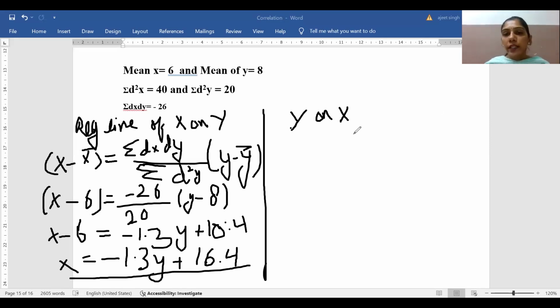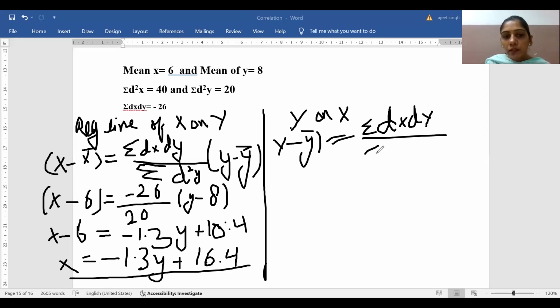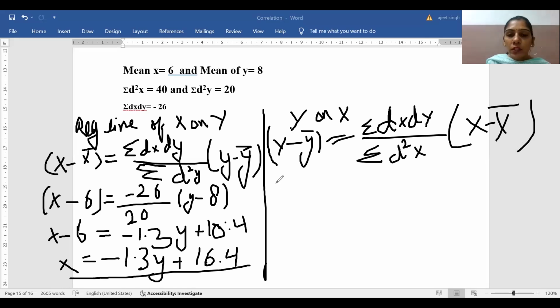Now let's calculate the regression equation for y on x. So the formula is y minus y bar is equal to summation dx dy divided by summation d square x, bracket x minus x bar. Okay, now let's put all the values in this.